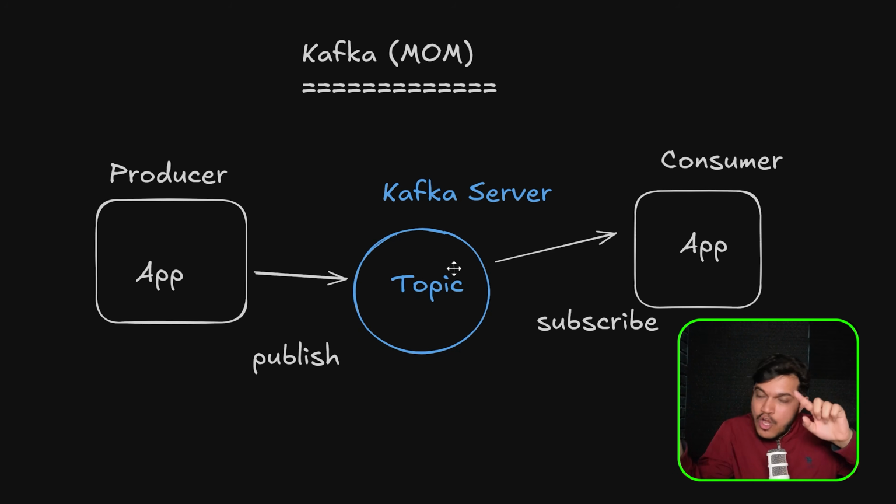And if it is not responding back, then there will be an issue in your application. That is not the case here. Two applications don't know about each other. They are loosely coupled. In between, we have a message broker. So one application will get connected to Kafka and publish the message into a Kafka topic. Another application will go to the Kafka topic and subscribe to the data, and take that data with the help of this middleman message broker called Kafka here.